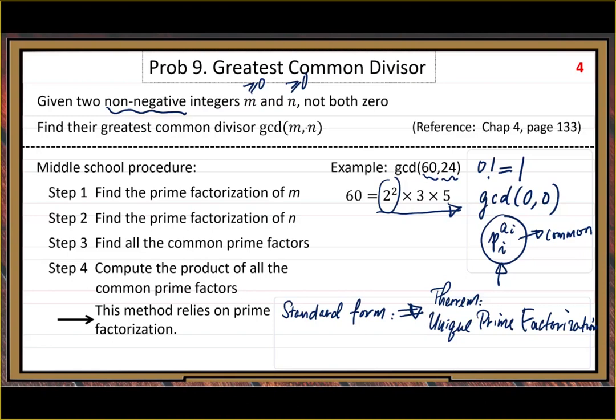But how about a number that has 10 digits, or 8 digits? When you do prime factorization, is it hard? It's hard, right? You agree, it's hard. But you do not really need to do it by yourselves. You rely on a computer to do it. Nobody does hand calculating on it.